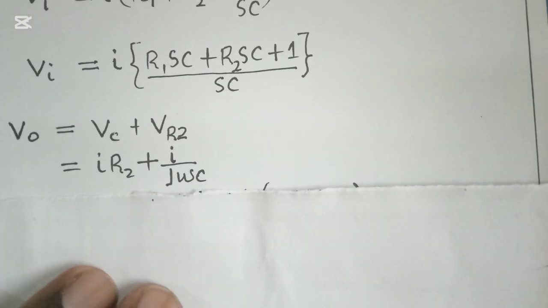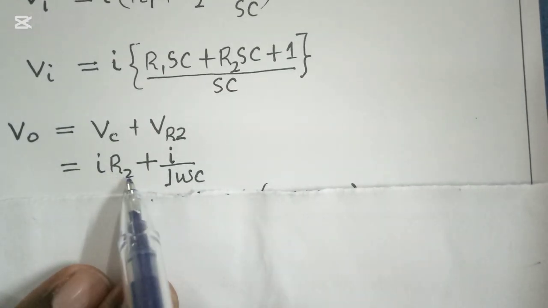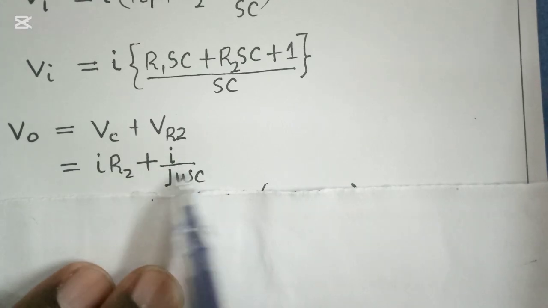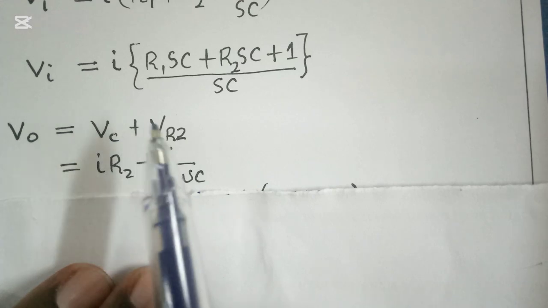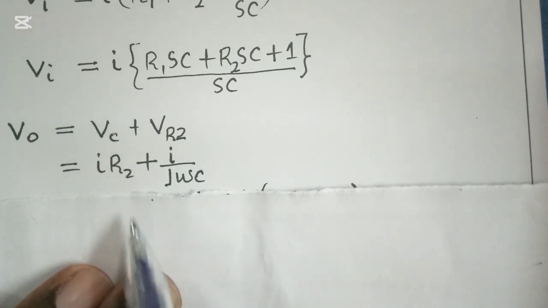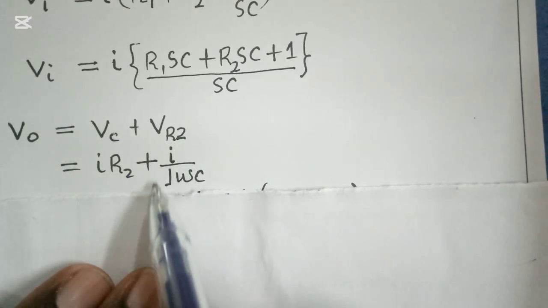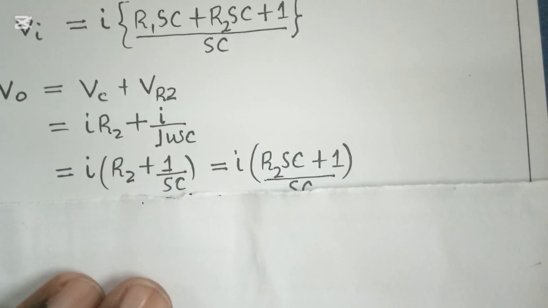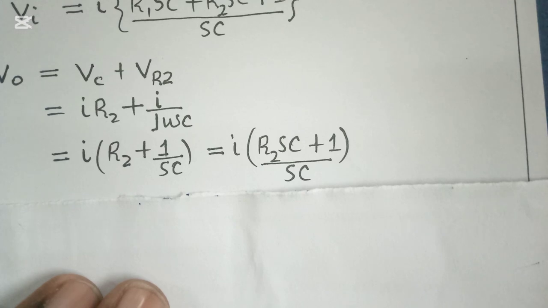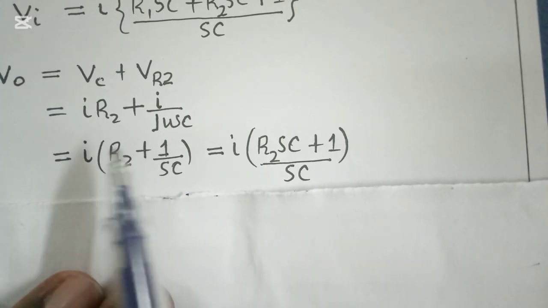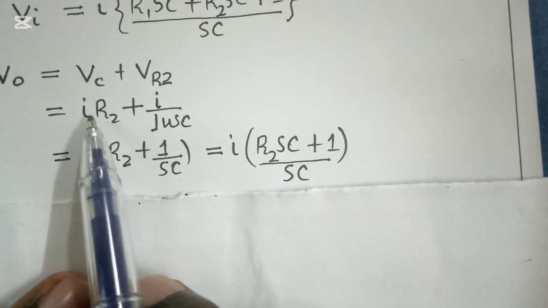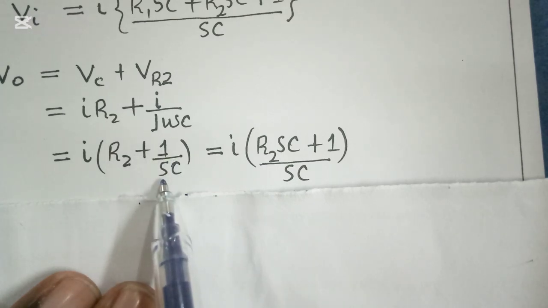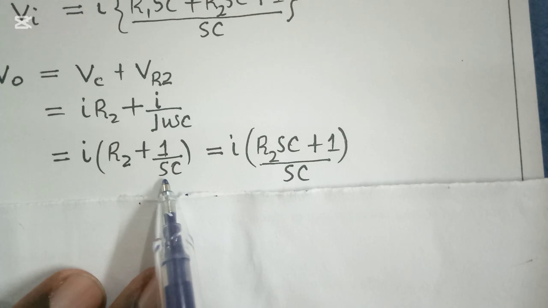VC is I over jwC, and VR2 is IR2. That still is in the frequency domain, that is jw. Changing that, we can now write in terms of Laplace. We have factored out I, so we get R2 plus 1 over SC, where S is jw in the Laplace domain.